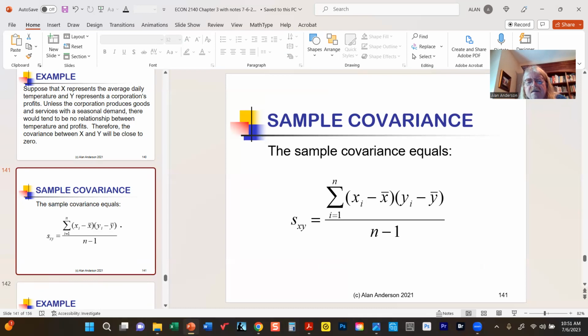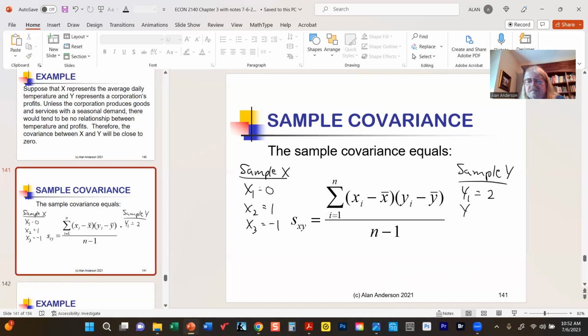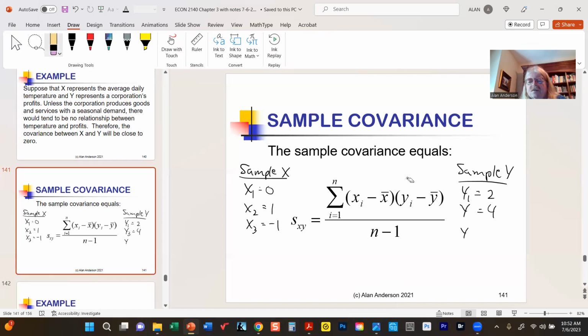So you've got, let's say, sample X. Could be something like this. And then sample Y would be, let's say, obviously, this is Y2. And then we could define a mean for each of these.